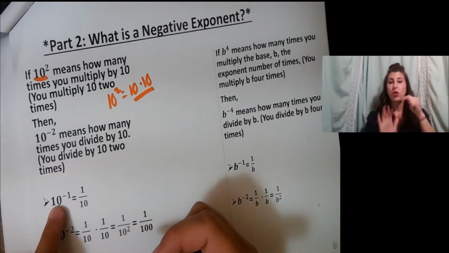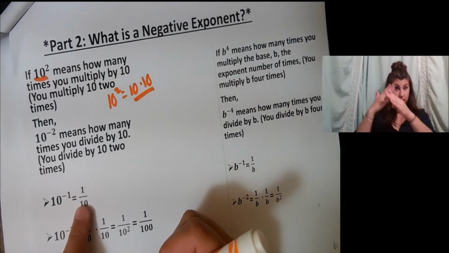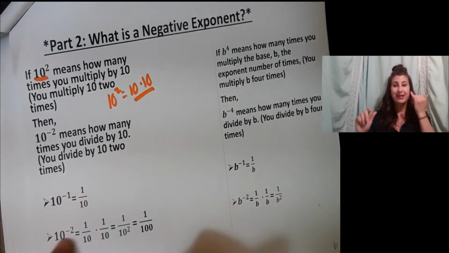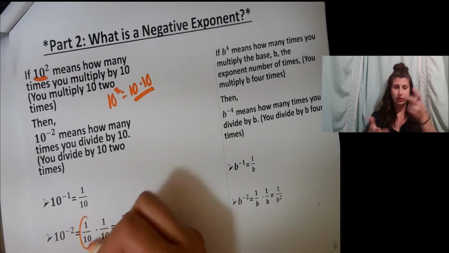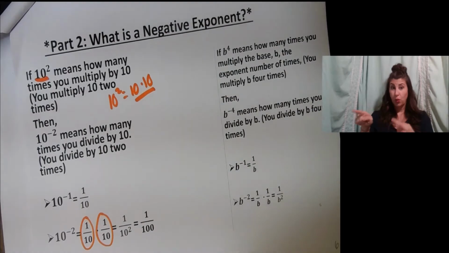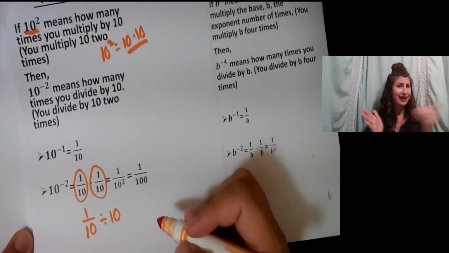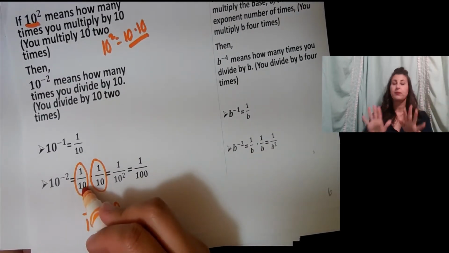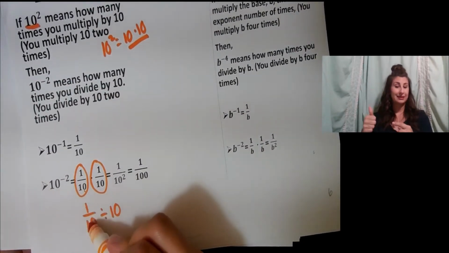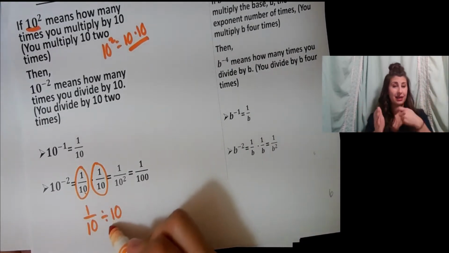For example, if I have 10 to the negative 1, I have 1 and I'm dividing by 10. Now if I have 10 to the negative 2, I am dividing 2 times. For example, here's 1 time dividing by 10. Well, if I divide by 10 again, sorry, you couldn't see. So this represents 1/10. I'm dividing 10 one time. And then if I divide it a second time, I can write it like this.